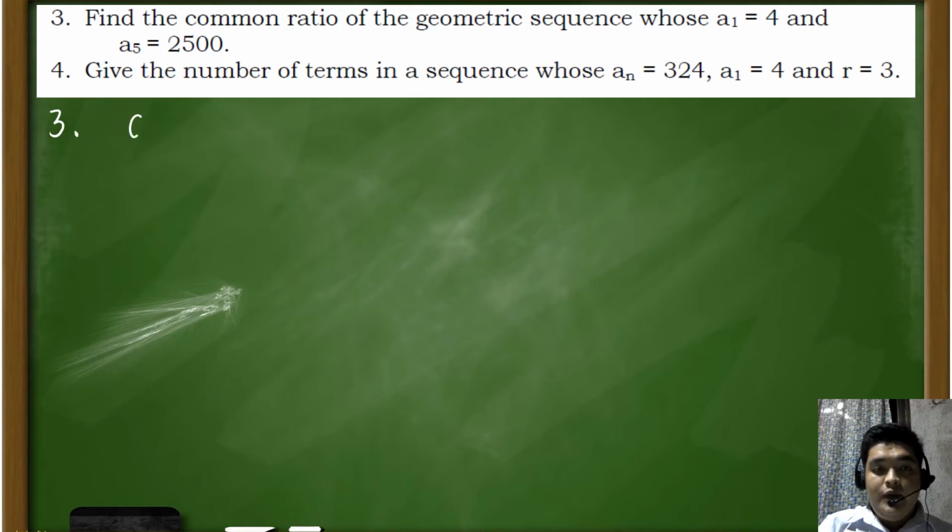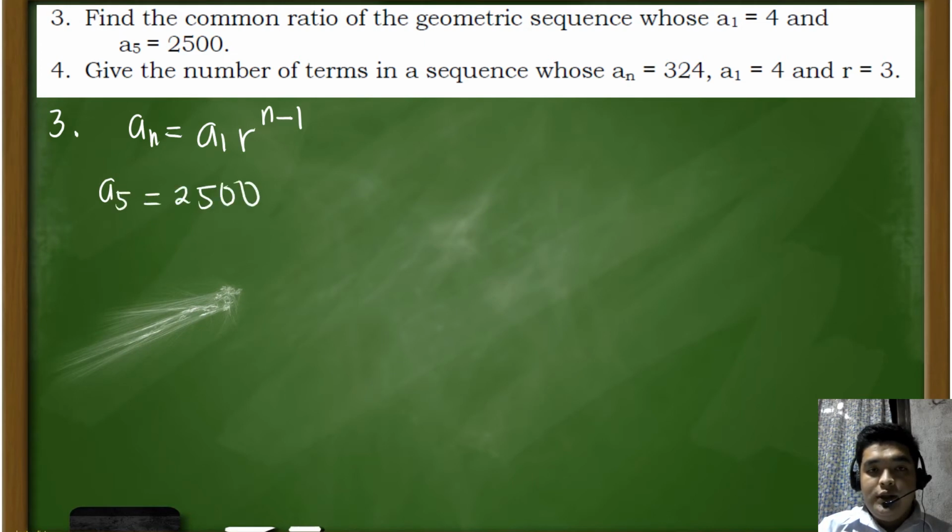A sub n equals a sub 1 times r to the power of n minus 1. Our a sub 5 is 2,500 and our a sub 1 is 4. We will consider this as our last term, so a sub n, or a sub 5, equals a sub 1 times r to the power of n minus 1. Therefore, our n here is 5.